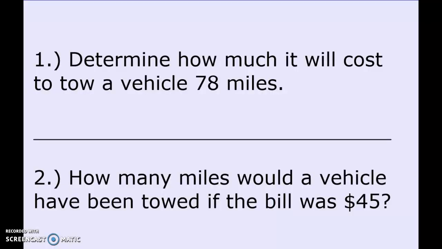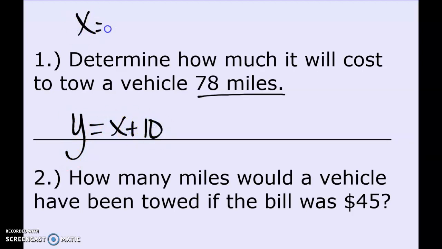So here we have a prediction question. It says, determine how much it will cost to tow a vehicle that's 78 miles. So remember our equation is y equals x plus 10. Remember that x is equal to your mileage and y is equal to the total cost.